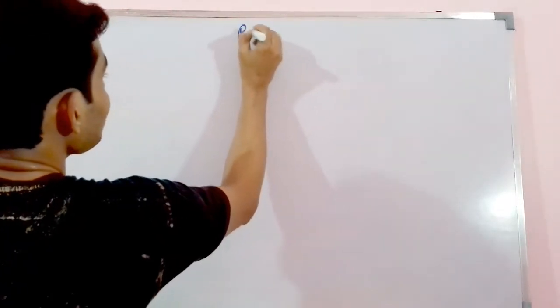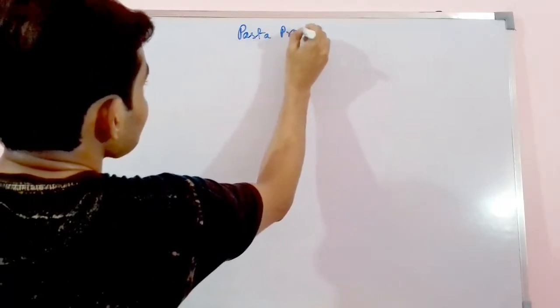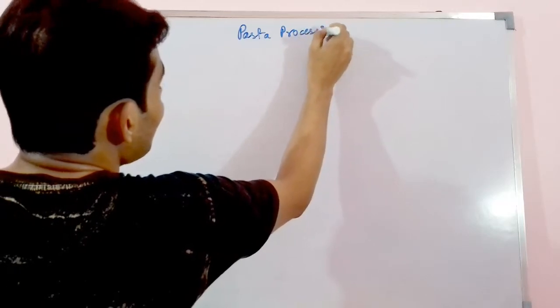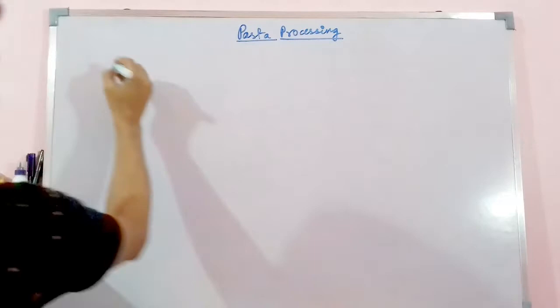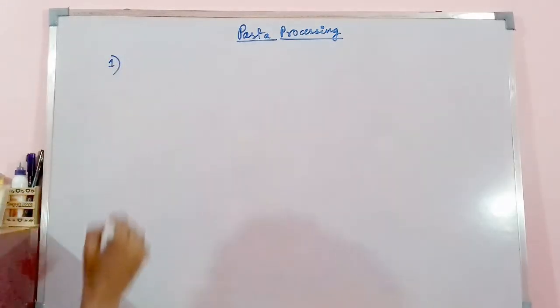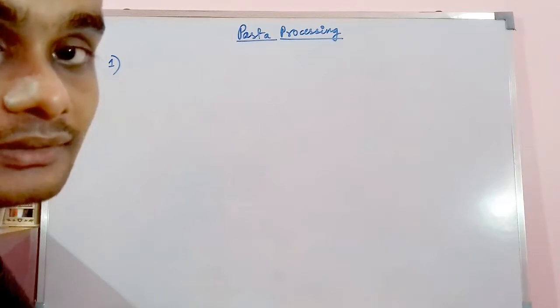Now, in case of pasta processing, let us give the heading as pasta processing. In the first step, we have ingredients, raw ingredients storage.